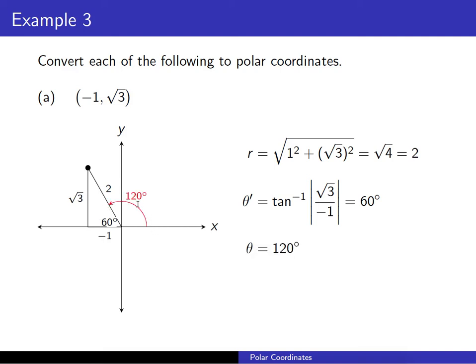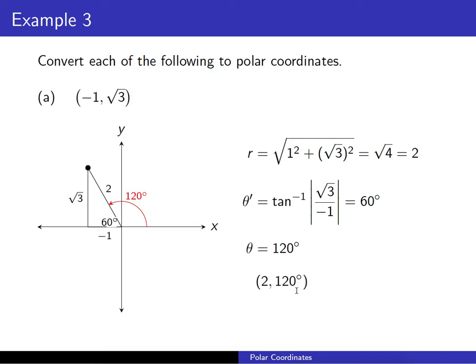So our terminal side, our radius here, rotated a total of 120 degrees: 180 minus the 60 degrees we have to backtrack. So our polar representation of this point is (2, 120 degrees).